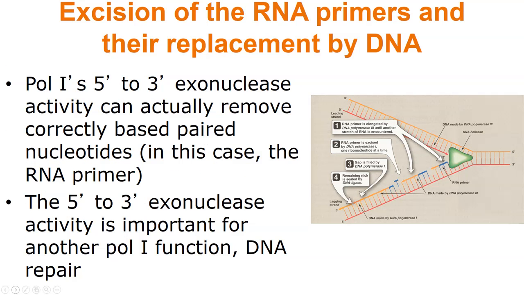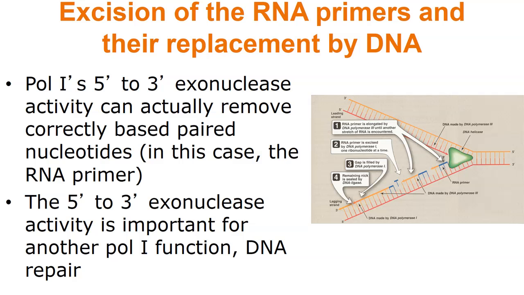So you'll have to spend a little bit of time getting those things straight in your head. The polymerase is pretty straightforward, but for the exonuclease, just remember, 5' to 3' exonuclease is to remove RNA primers. 3' to 5' is for proofreading activity. So this 5' to 3' exonuclease is actually removing correctly base paired nucleotides, right?